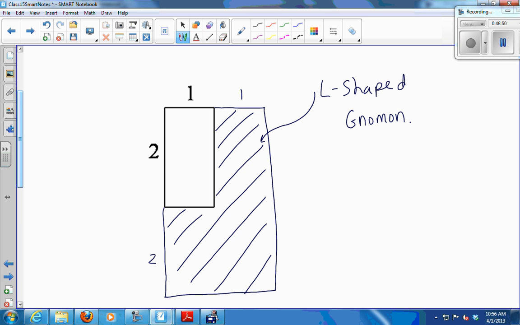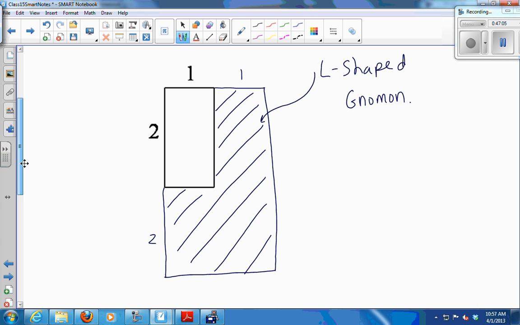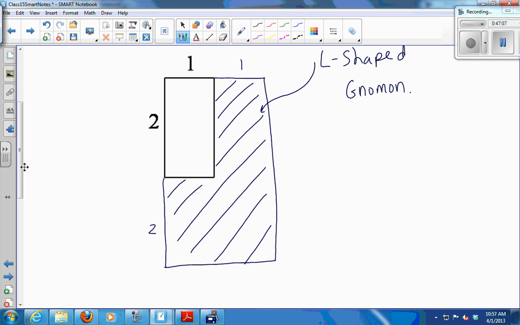It satisfies the definition of being a gnomon because it's a figure that when I glue it to the first figure, my 1 by 2 rectangle is similar to the big glued together rectangle, the whole thing. So I'll put my 1 by 2 right here. My 1 by 2 is similar to the whole glued together piece.